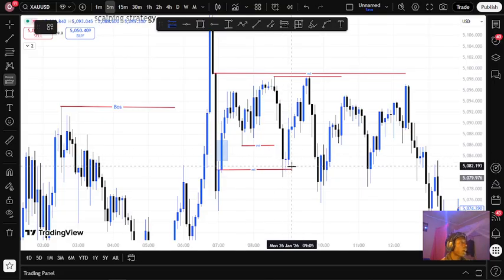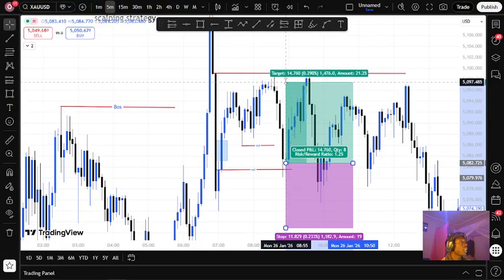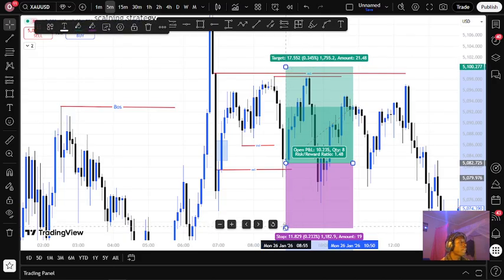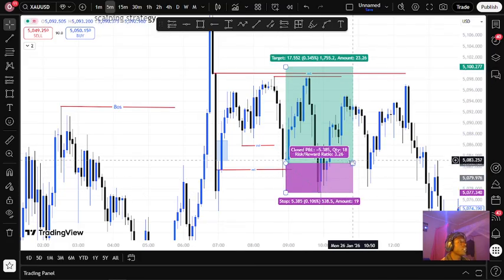This one is called a doji. I took this trade from here, targeting 5100. Stop loss was beneath it.